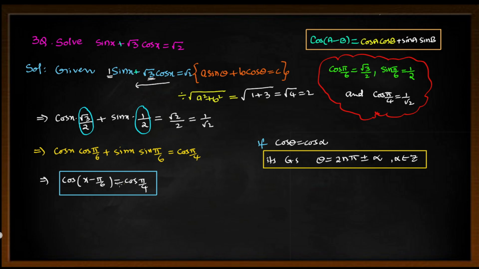So here in the place of theta we write x minus pi by 6, and alpha is pi by 4. So x minus pi by 6 equals 2n pi plus or minus alpha, and alpha is pi by 4, where n belongs to z.